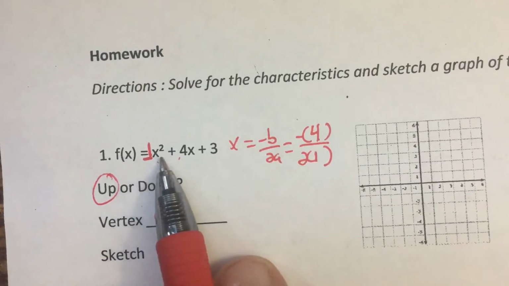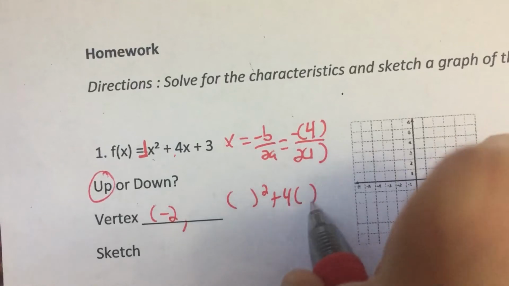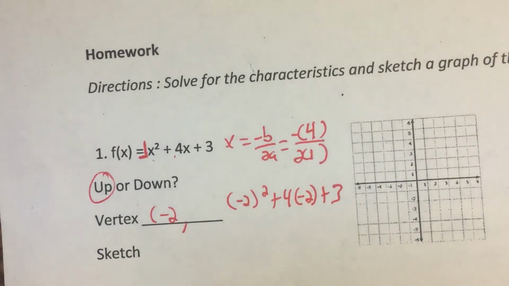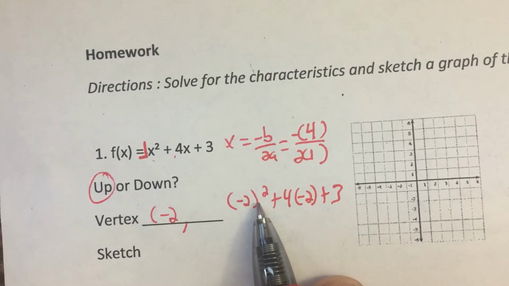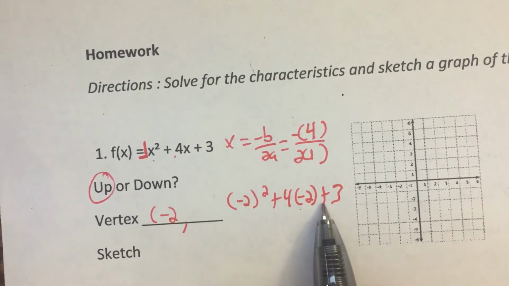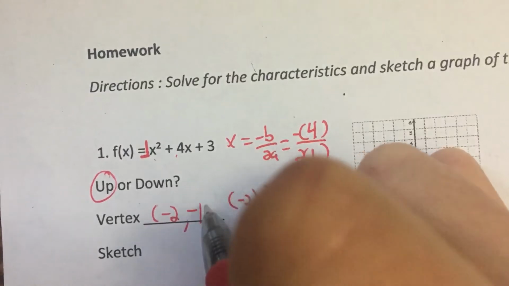Now we're going to take negative 2 and plug it into the equation, where it's x squared plus 4x plus 3. Let's stick in negative 2 for x. Negative 2 squared is 4. Positive 4 times negative 2 is negative 8, and then plus 3. So 4 minus 8 plus 3. 4 minus 8 is negative 4, plus 3 is negative 1.